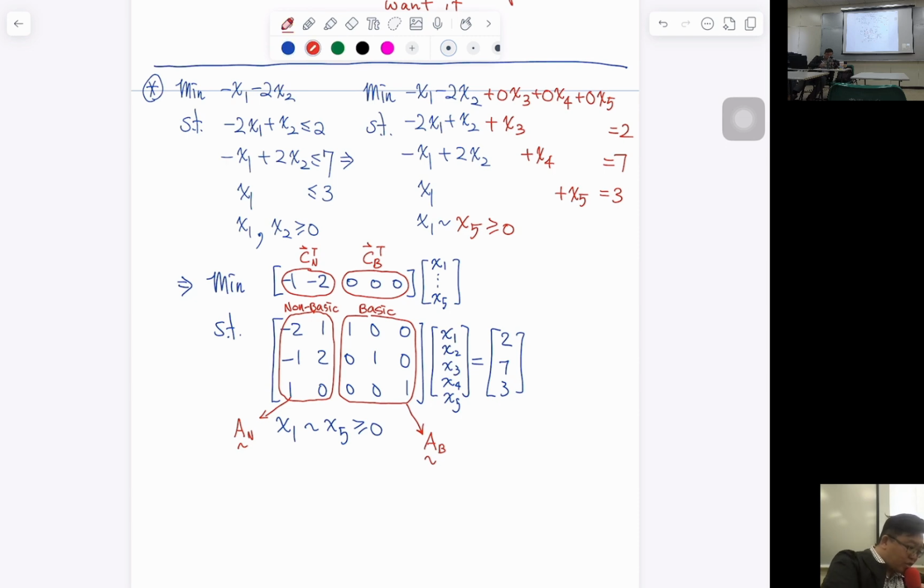So what does it mean for the X? These three are XB. These two are XN. I'm just grouping a different way, but I'm choosing X3, 4, 5 as basic. So what does it matter when I do this? From now on, for all the non-basic, we treat them as 0.